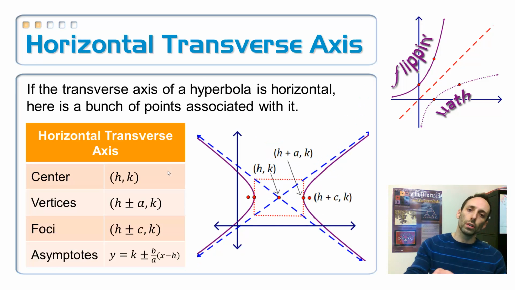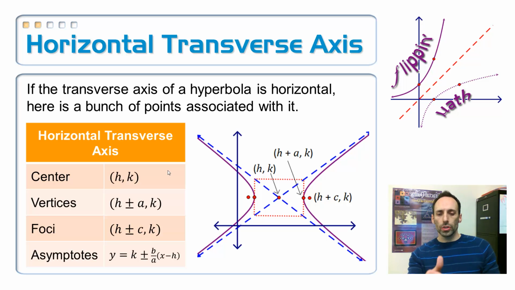So if you look on your flow chart there, you see all these points detailed for you. Of course, we're always centering it at (h, k). This one is a horizontal transverse axis. That transverse axis is not drawn in there, but remember it goes from vertex to vertex, and its length is 2a.